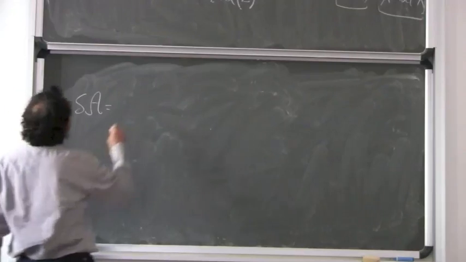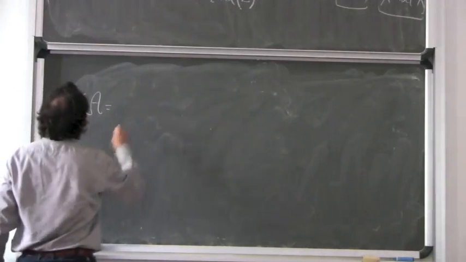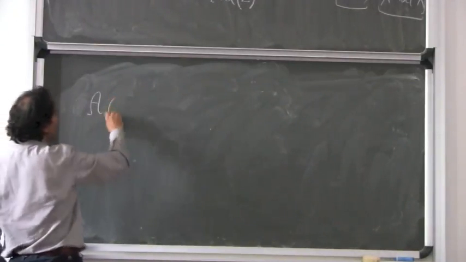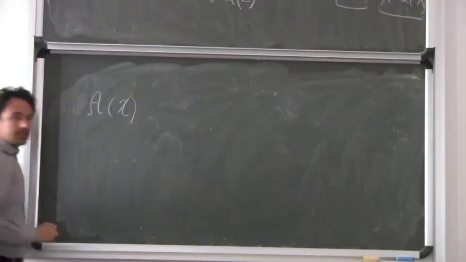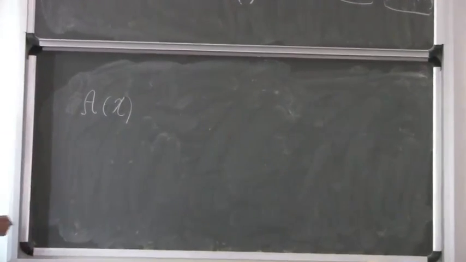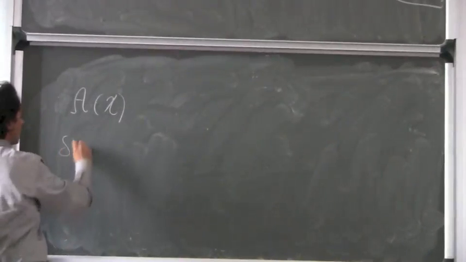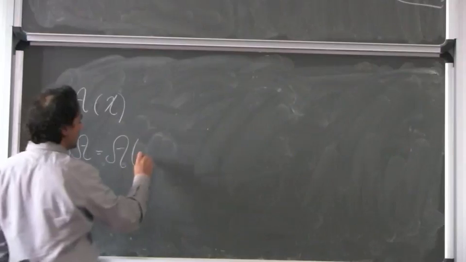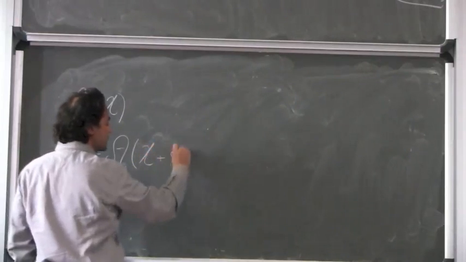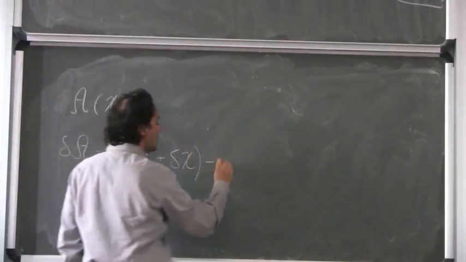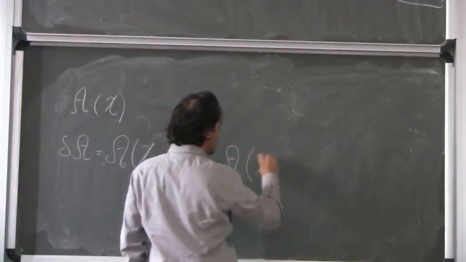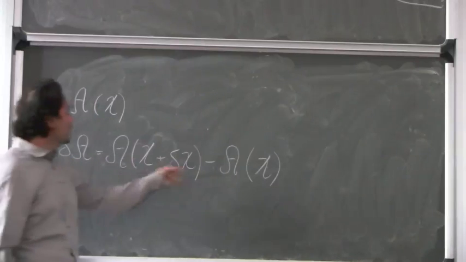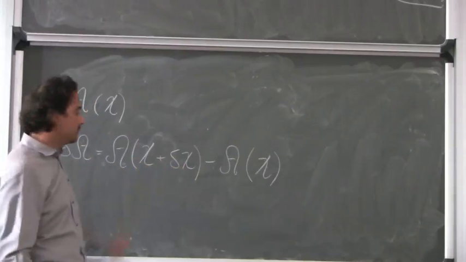What does it mean? Well, the action is a function of this placement. The variation of the action is nothing else than the action evaluated at the displacement plus something, minus the action at t. And this can be evaluated simply by making the derivative.